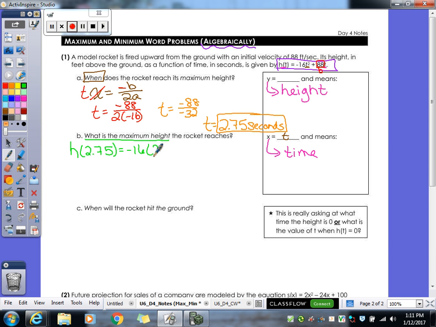Negative 16 times 2.75 squared plus 88 times 2.75. And then you can type that in the calculator just like that with all the parentheses and everything. Negative 16 times 2.75 squared.